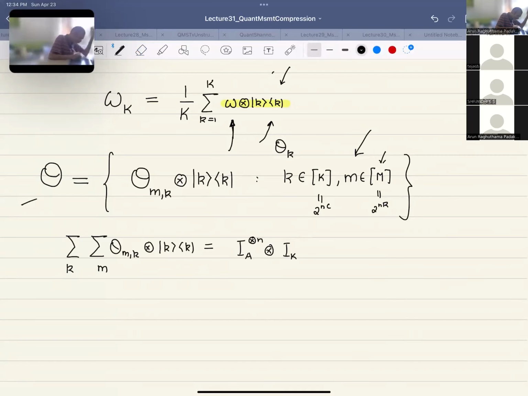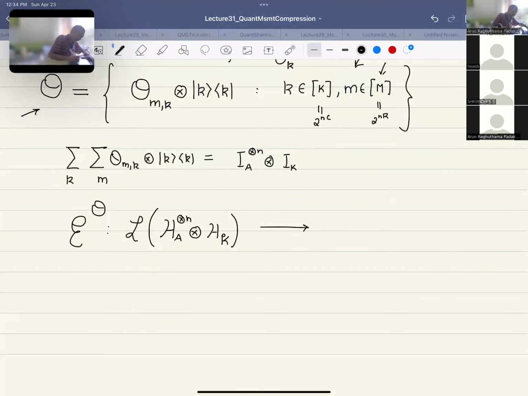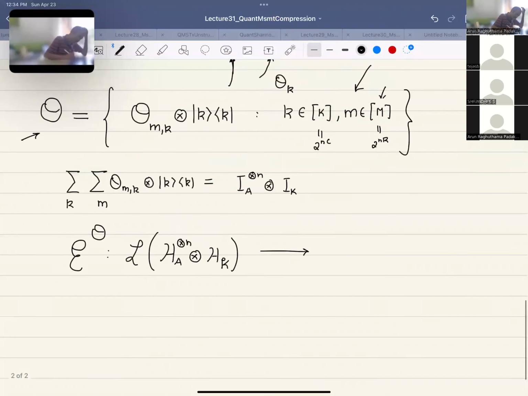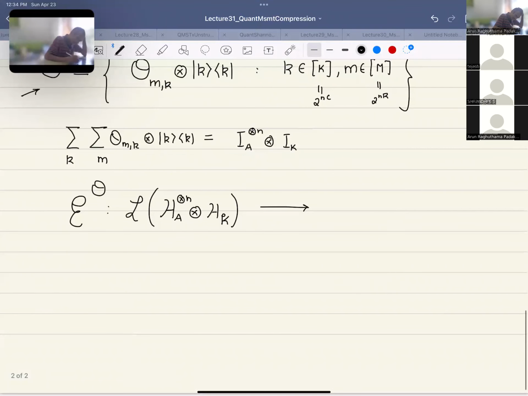So where does theta operate? So E theta operates on L of particle space coupled with the public coin space. Okay. And what is it going to throw out? It is going to throw out the particle as is.